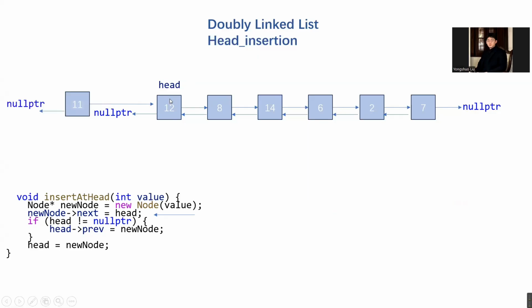This one's next will point to the head, and if the head is not equal to a null pointer, that means the linked list is not empty, we will set head's previous to become the new node. Here it will change from the null pointer to the new node, like that. Finally, we set the head to become the new node. In this way, we can achieve a head insertion based on the double linked list.